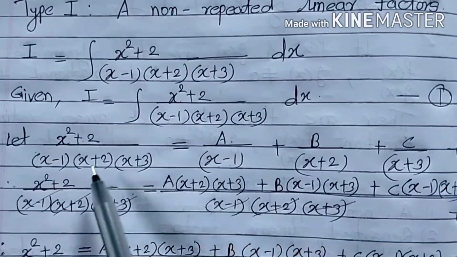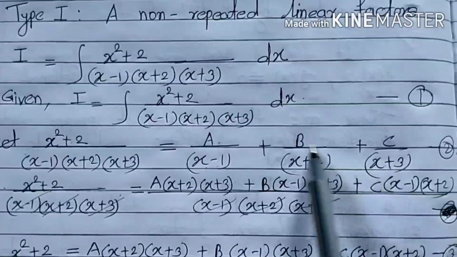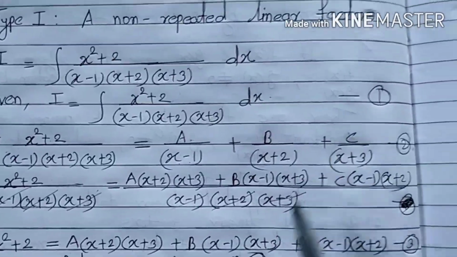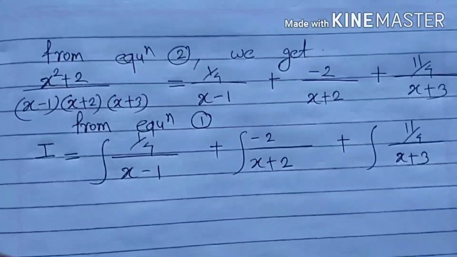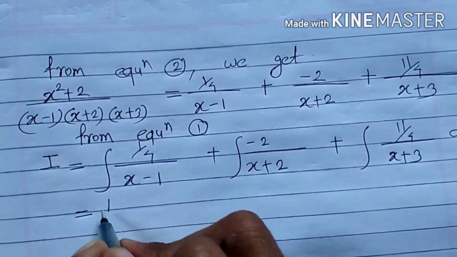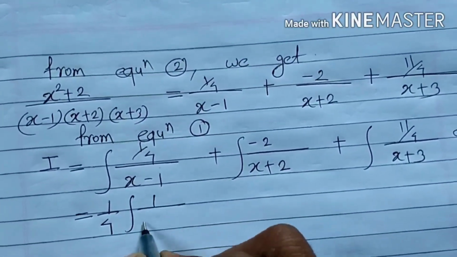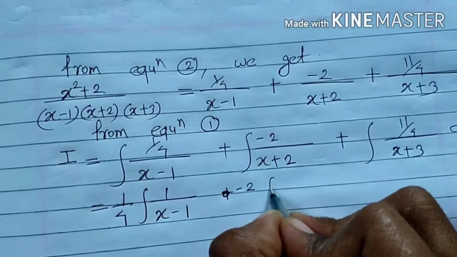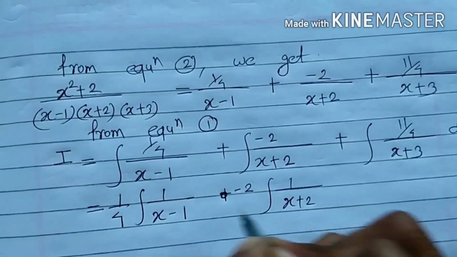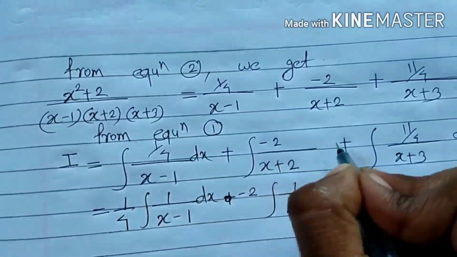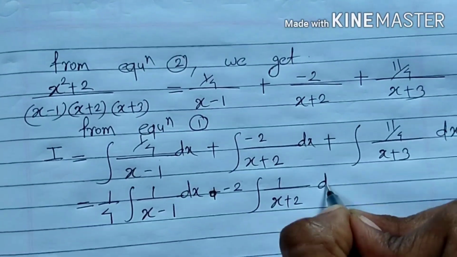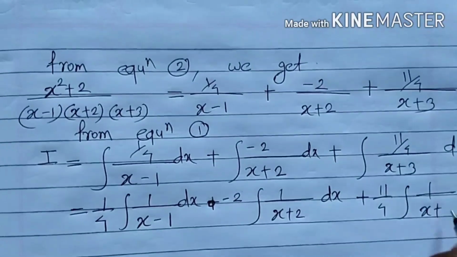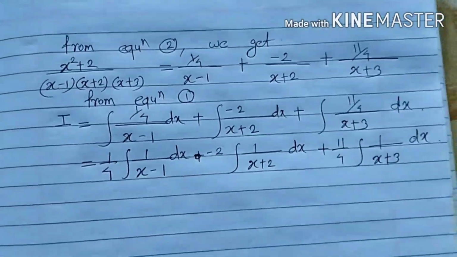So instead of this you can put the value of this, and here we know our unknowns a, b, c. Now write it properly like that: 1 by 4 integration of 1 upon x minus 1, plus minus 2 integration of 1 upon x plus 2 dx, plus 11 by 4 integration of 1 upon x plus 3 dx.